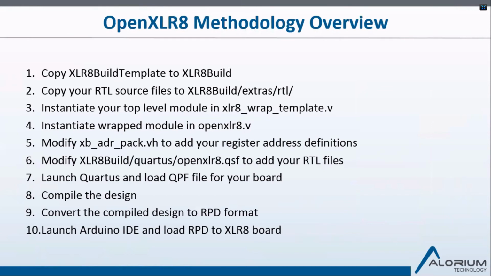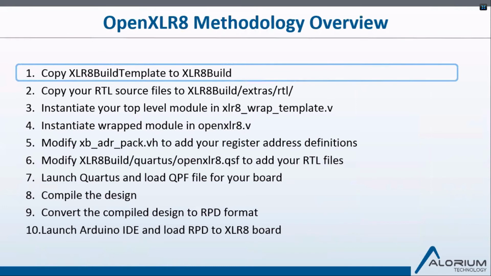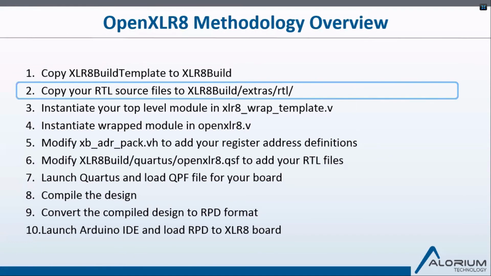The methodology itself is 10 steps. What we first do is we copy our build template to Accelerate Build, because that's the location that the IDE is expecting to find the files. Now we're going to copy our unique RTL source files into the Accelerate Build Extras RTL directory.